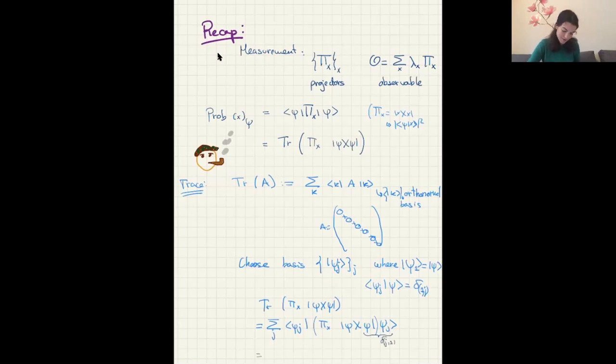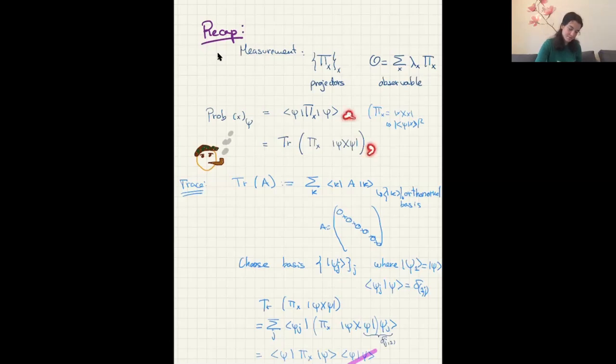So then the only surviving term is going to be psi 1, which is just psi. So we can write just psi, pi x, psi, and here comes, this is 1, right? Good. So that's exactly this thing here.